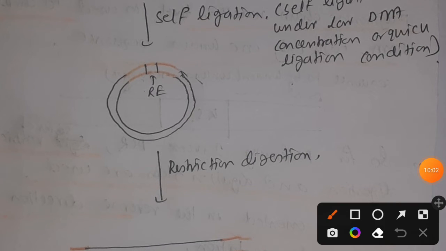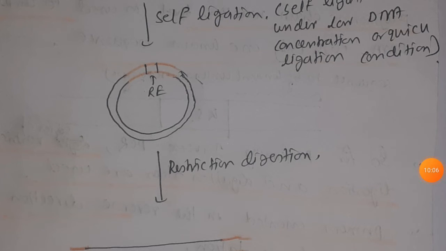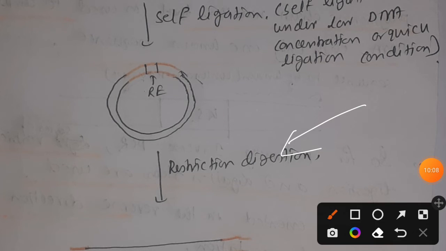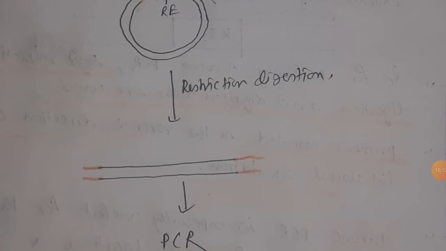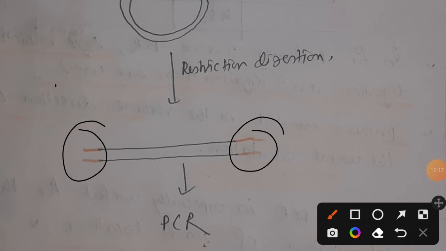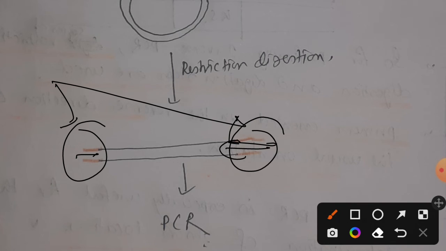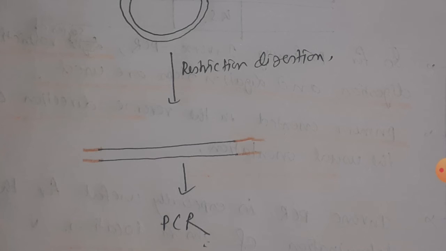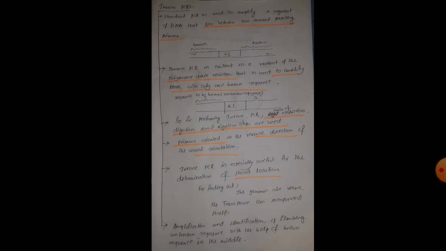This restriction digestion will linearize it again, and here we will prefer a blunt end cutter. Now we have our known sequence at the two ends, that is the most preferred format for normal PCR. Then we will construct the primers, and then we will perform the PCR in the thermal cycler machine. So that is the concept of inverse PCR.